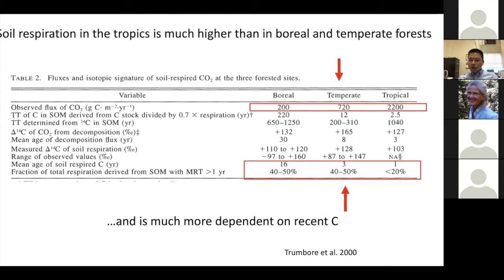The results show that over 80% of carbon in tropical forest CO2 is from new carbon input. Soil respiration in tropical forest is much more dependent on recent carbon.